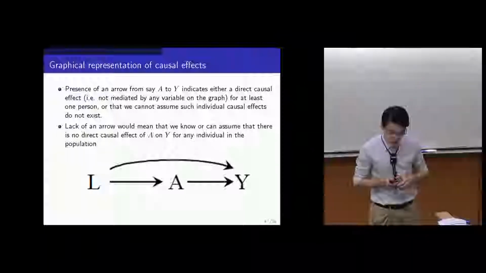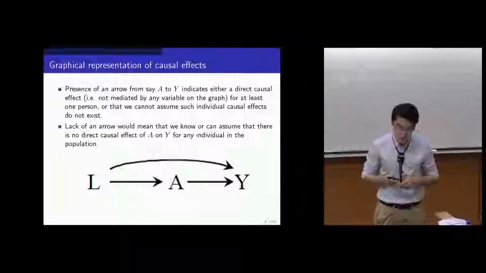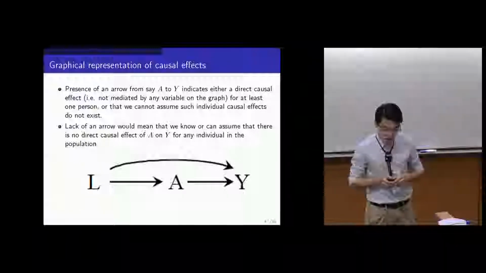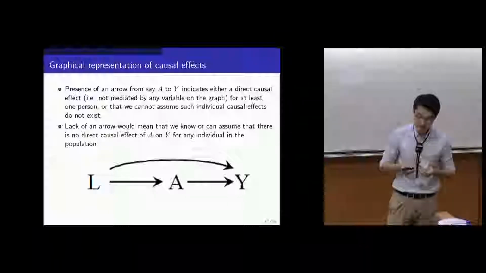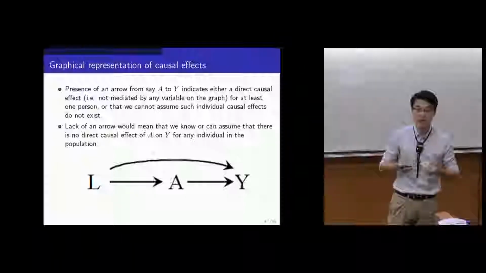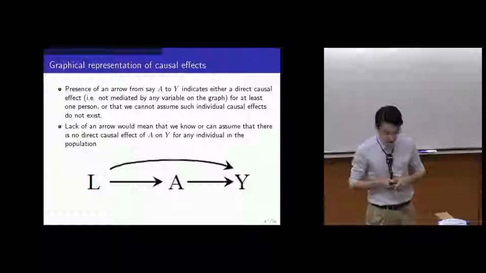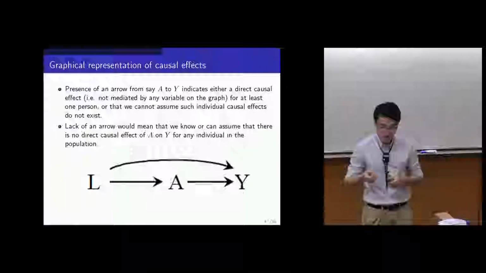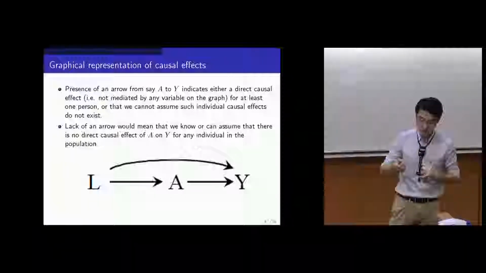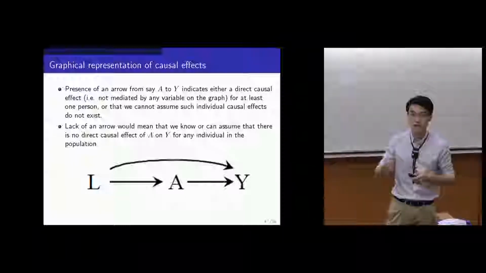So the presence of an arrow, for example, from A to Y, indicates either a direct causal effect for at least one person, or we cannot assume such an individual causal effect does not exist. So the lack of an arrow, conversely, would mean that we know, or we can assume, that there's no direct causal effect of A on Y for any individual in the population, if there's no arrow from A pointing to Y.